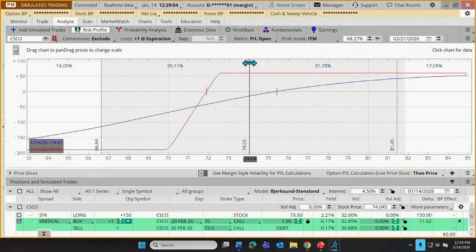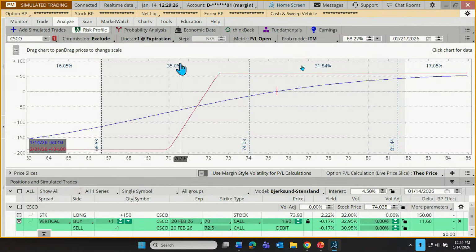In any case, it's looking at these slices. The first one we already learned is the current price. The slice off to the right is just that price plus 10%. So 74.05 plus 10% is 81.46. The slice off the left is 74.05 minus 10%.